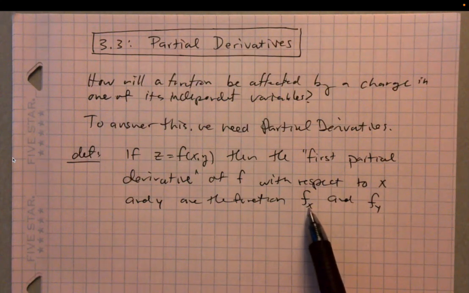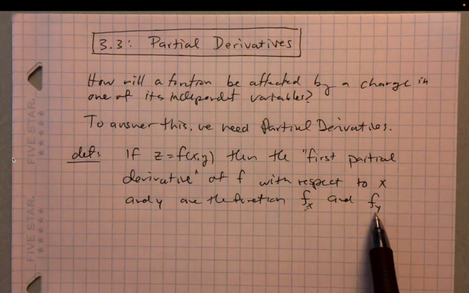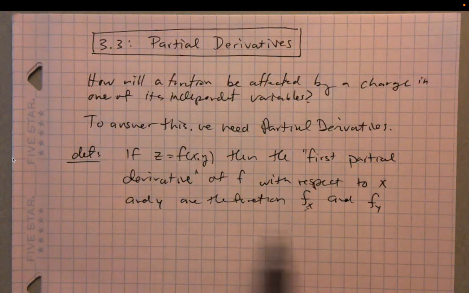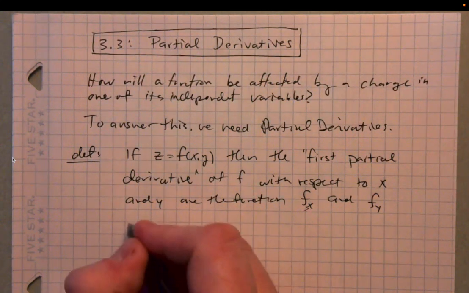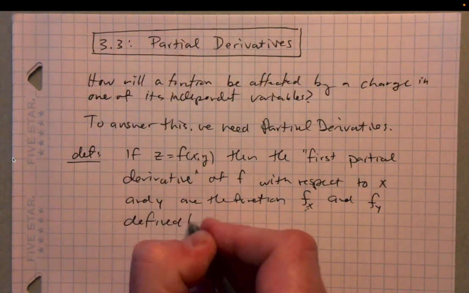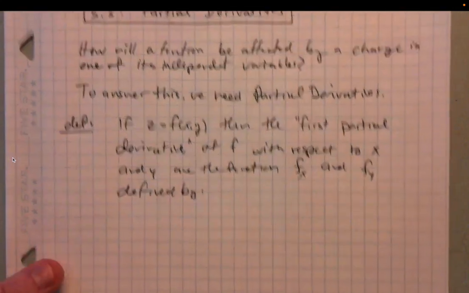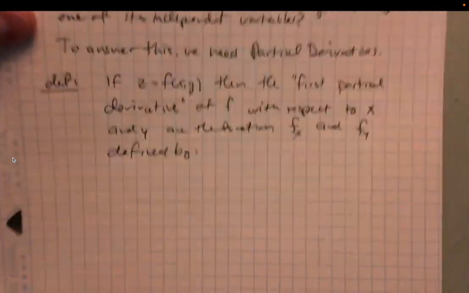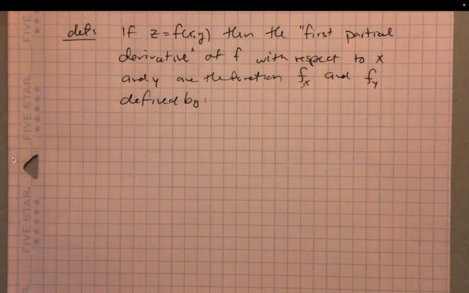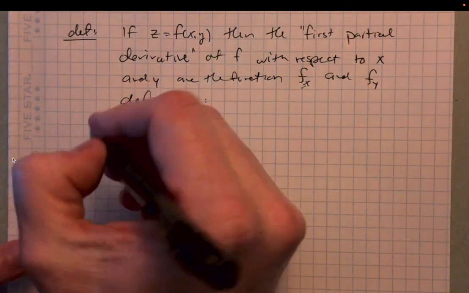So this is the partial derivative of f with respect to x. This is the partial derivative of f with respect to y. Okay, and so they're defined by, and this definition will be very straightforward if you've been following us up through Calculus 1.